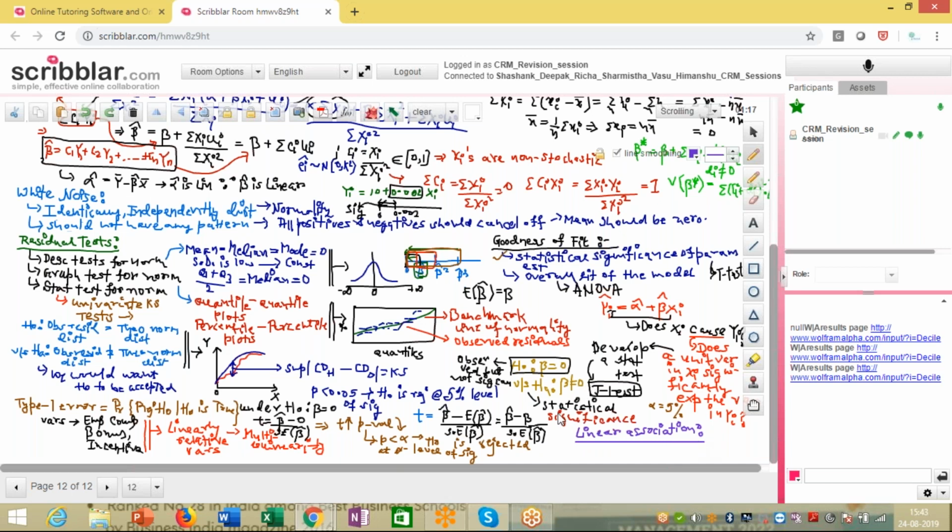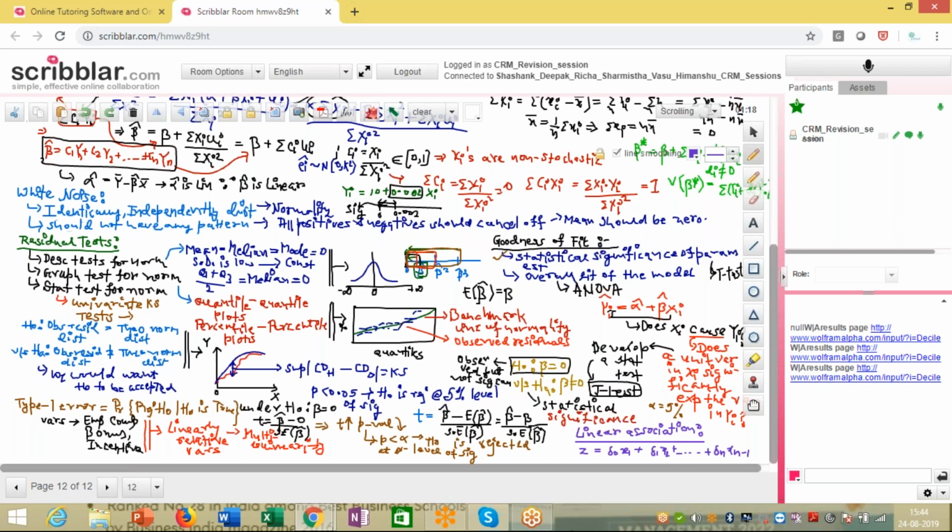Let's say there is a variable z which is explained by delta 0 x1 plus delta 1 x2, and so on, up to xn minus 1.